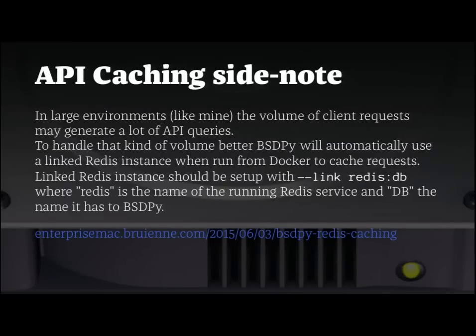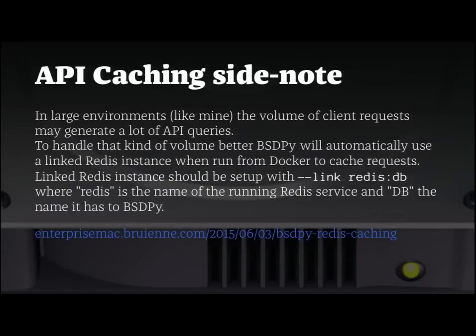I have a blog post outlining this in much more detail than I have time for here. But if you run it through Docker and you have Redis, which is basically a key value store, a glorified plist in that it has keys and values, you ask for a key and it gives you the value. That is what Redis does.